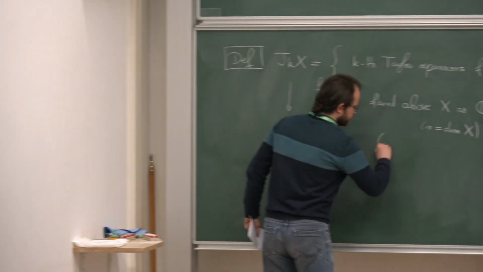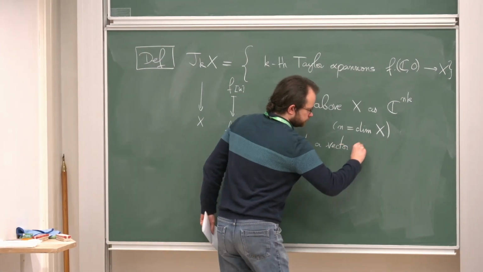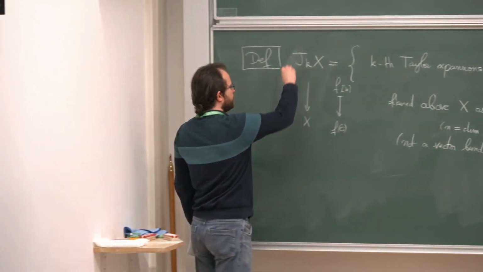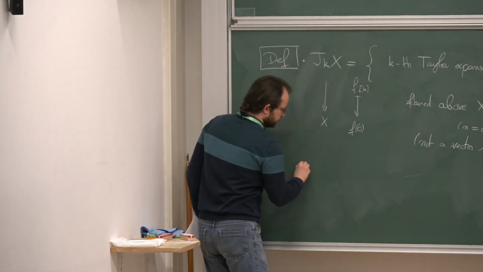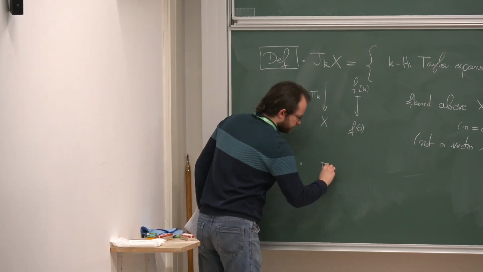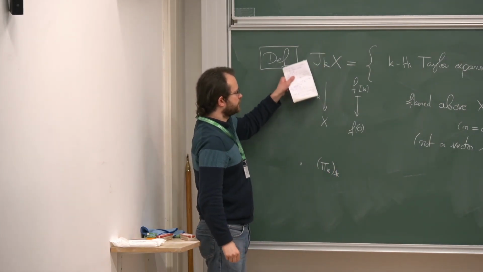So it's not a vector bundle. Okay, so once you have this space, let me call pi_k the projection. You can look at the algebra of coordinates on J_k X.